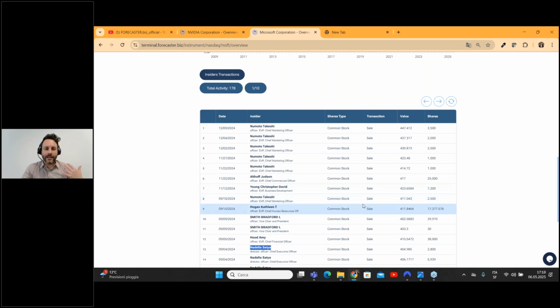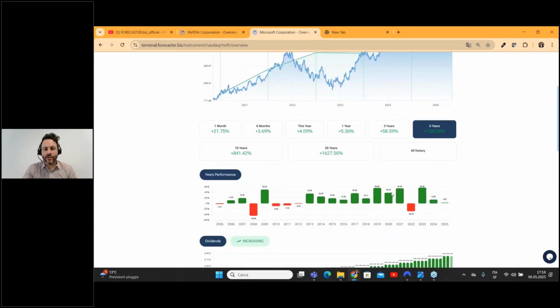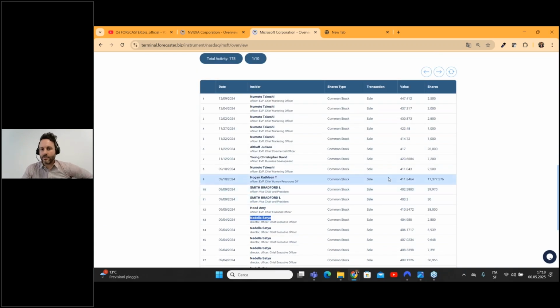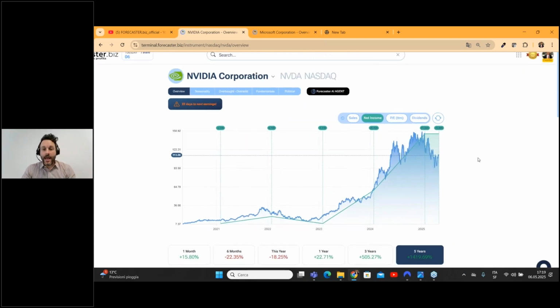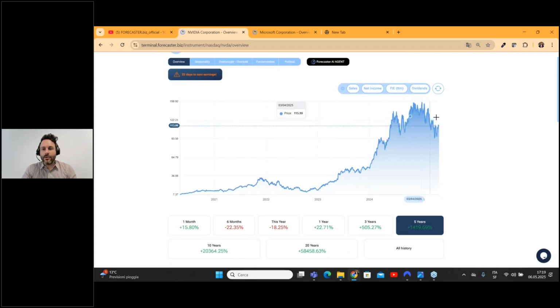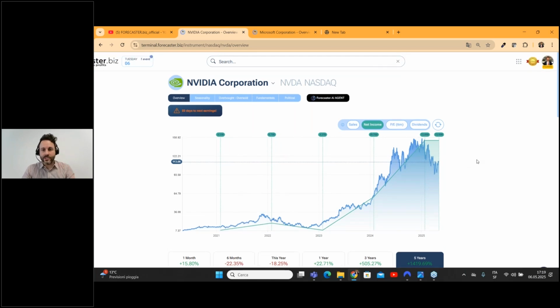So this is something really interesting to analyze when we would like to see if a company has upside potential or not, because if someone from the board is buying, it is a very interesting thing. Talking about the first layer, we said everything. As I told you, it's really interesting, this tool we decided to have inside the forecaster, because it gives us a very nice opportunity on the stock market.